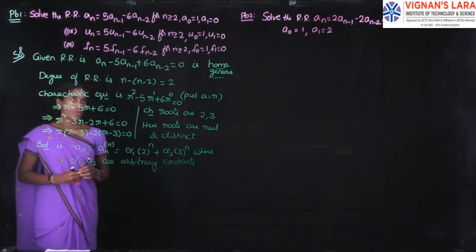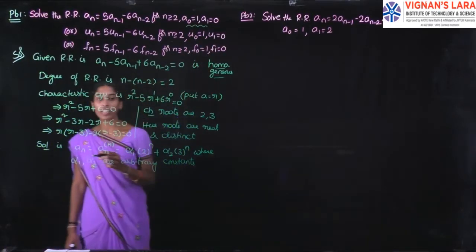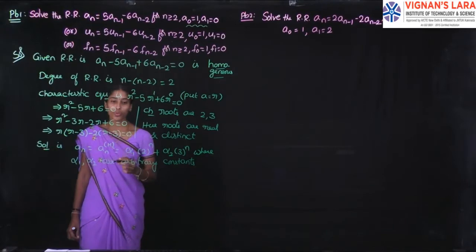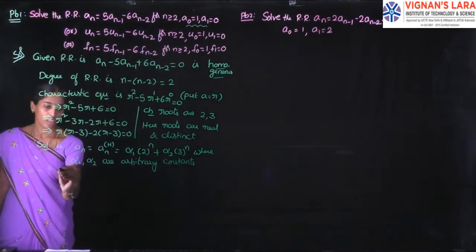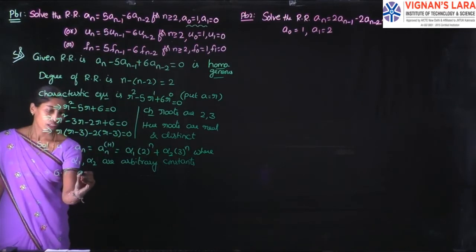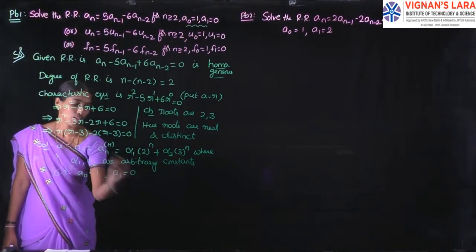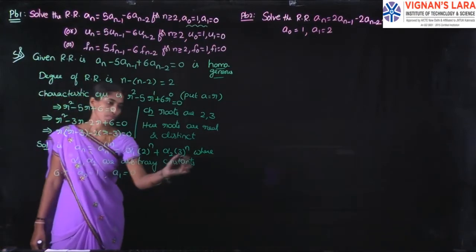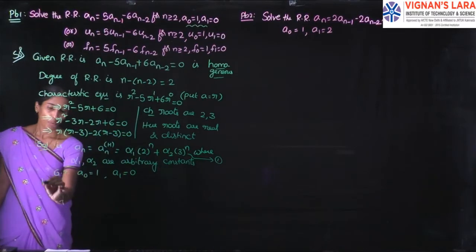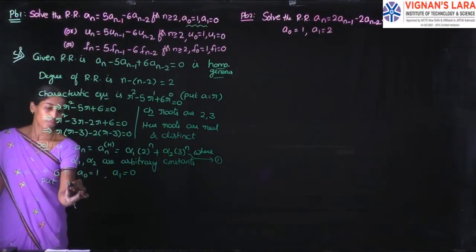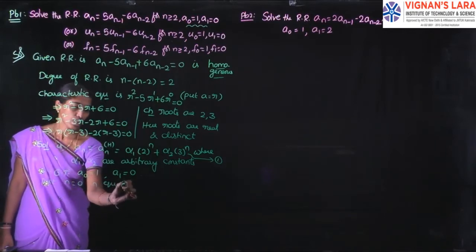Now using the given initial conditions, these two conditions are called initial conditions. Using those two, we need to find out alpha 1 and alpha 2 value. So given that a0 is equal to 1, a1 is equal to 0. Let it be equation 1. Put n is equal to 0 in equation 1.